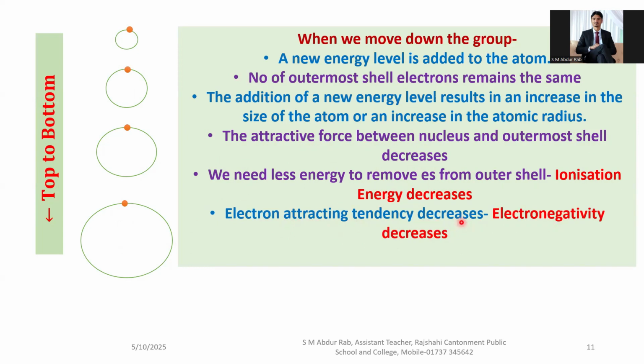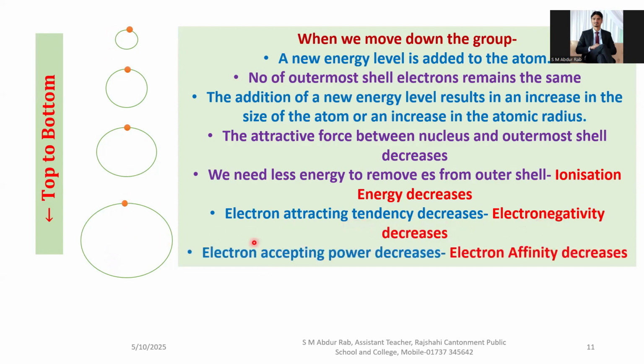Why does electron attracting tendency decrease? Because attractive force decreases. The valence electron and nucleus are far apart, so they feel less attractive force. So electron accepting and electron attracting tendency both decrease from top to bottom in a group. That's why electron affinity also decreases.